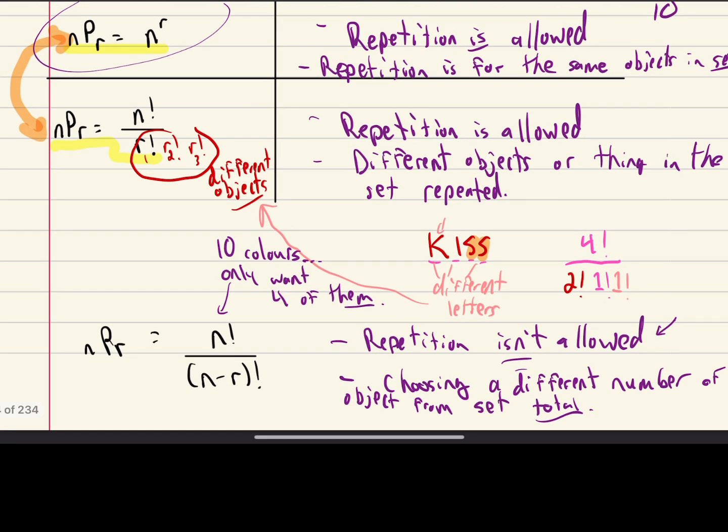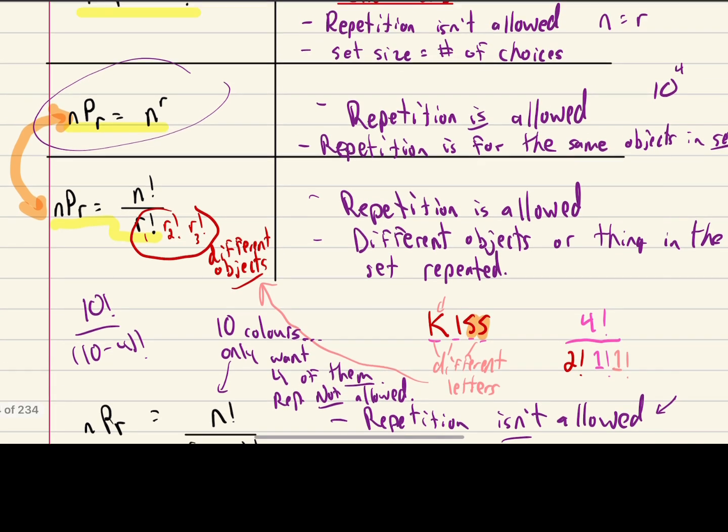But in this case, of the 10, I don't want to rearrange all 10 colors. I just want to rearrange 4 of them from the set of 10. So in this case, my sample size is 10, and then it would be 10 minus 4, and repetition isn't allowed. So we would have to signify repetition not allowed.